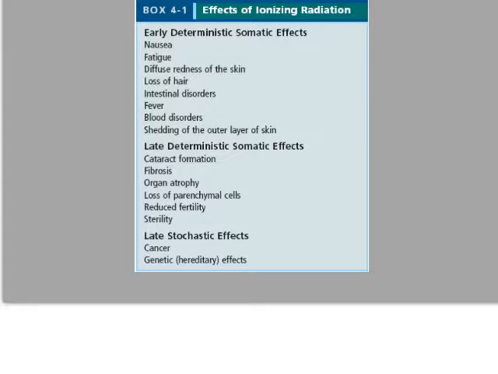A lot of what we know about this stuff comes from a lot of very unethical experiments that were done, both by U.S. scientists and also by Nazi scientists. What we know about the effects of radiation on fertility and sterility comes from the Nazis and experiments that they did on Jewish people.